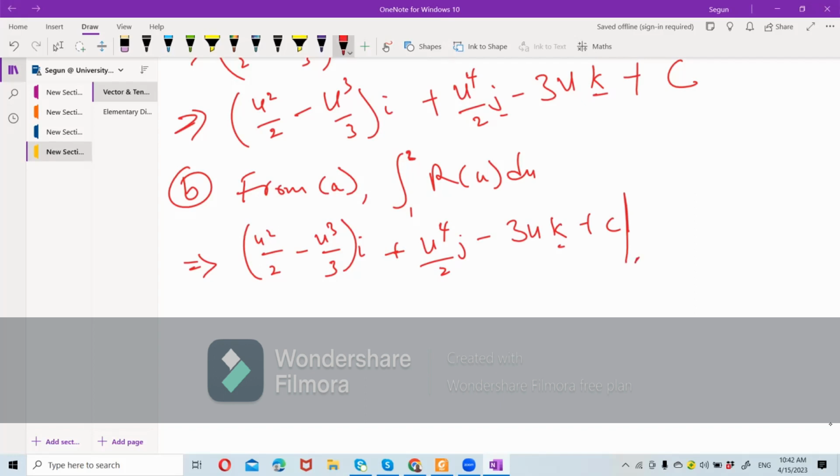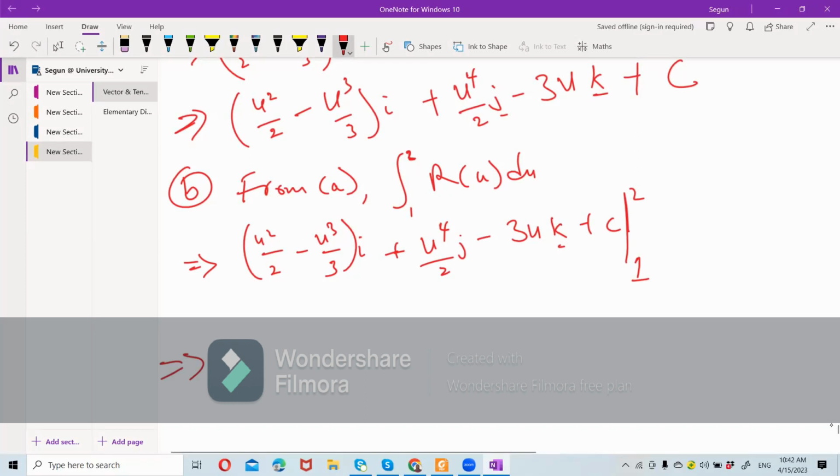So we now put 1 to 2, our limits. Don't forget upper limit minus lower limit, meaning substitute 2 first and minus everything you get from 2, then substitute 1, then deduct them together.